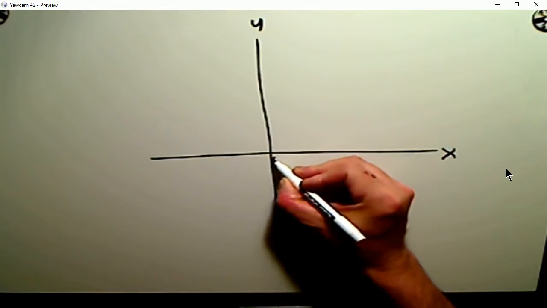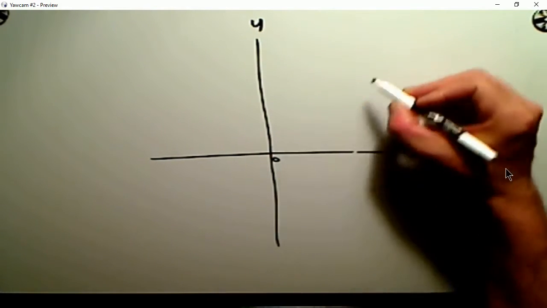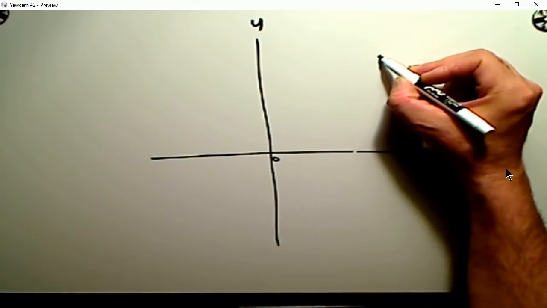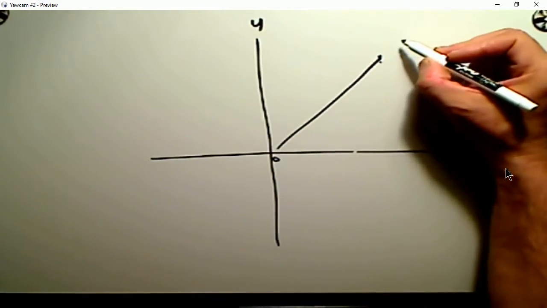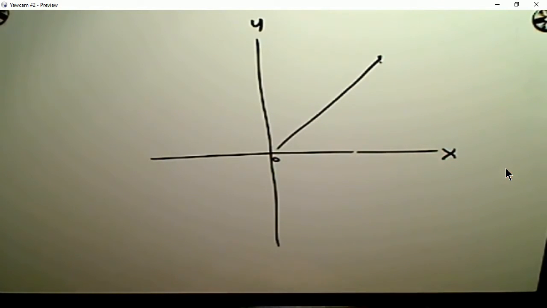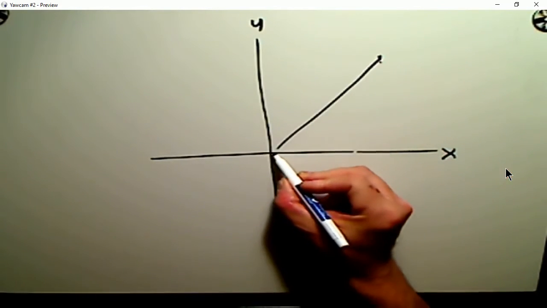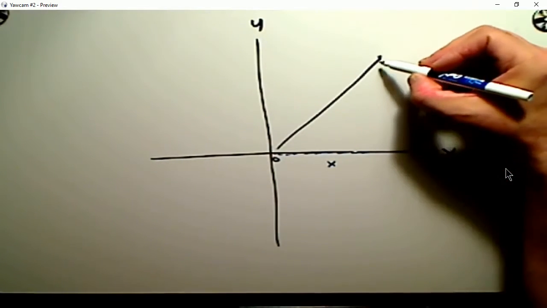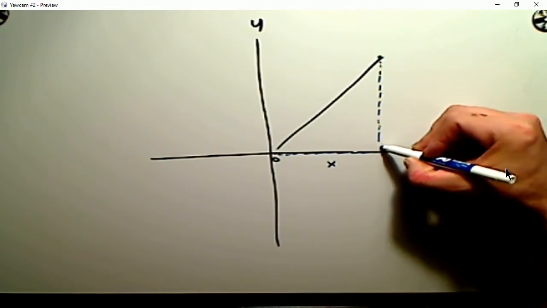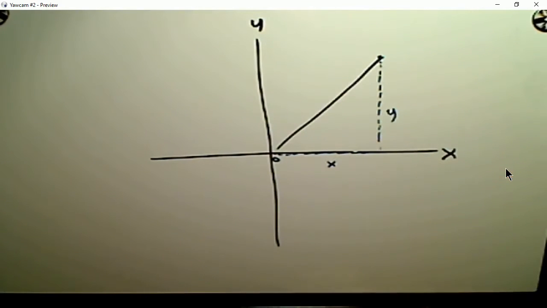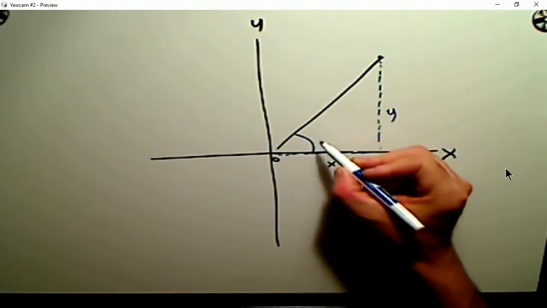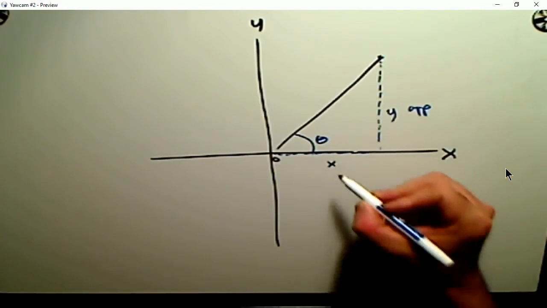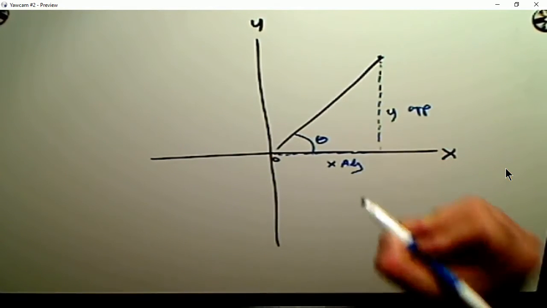From the origin, if I have a point here, we can describe this point by how much it is in the x direction and how much it is in the y direction. If we think of this angle here, this is the opposite side of that angle, and this is the adjacent side of that angle.